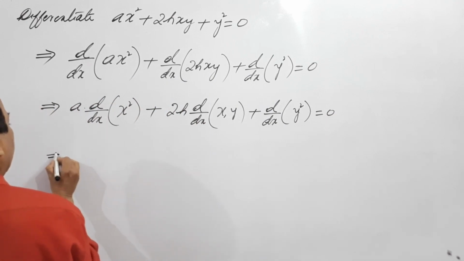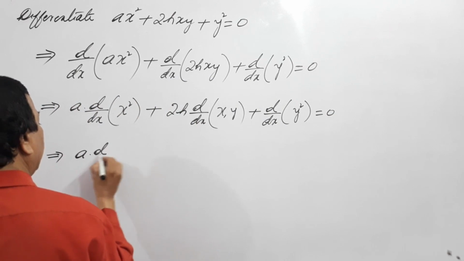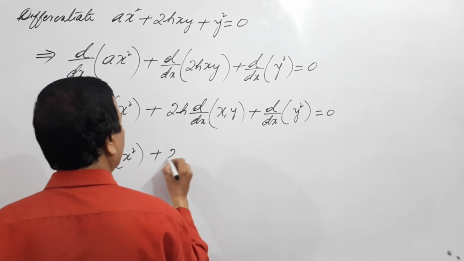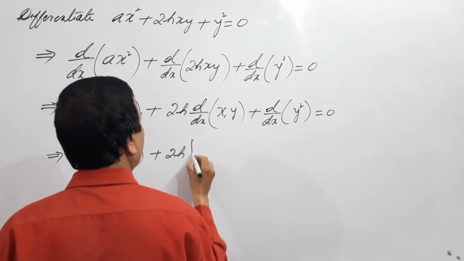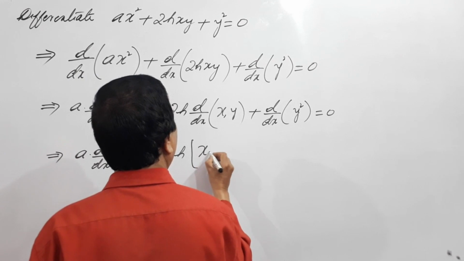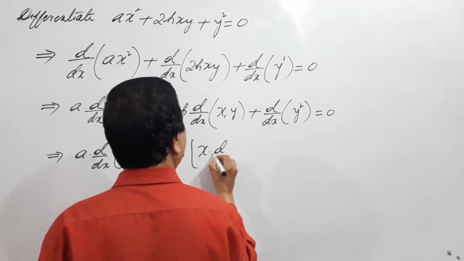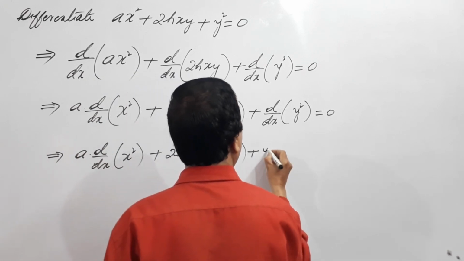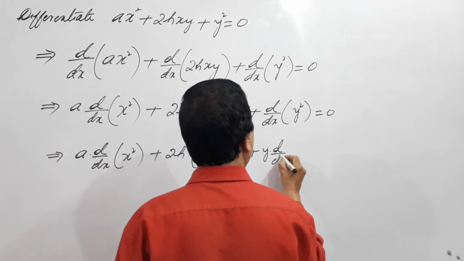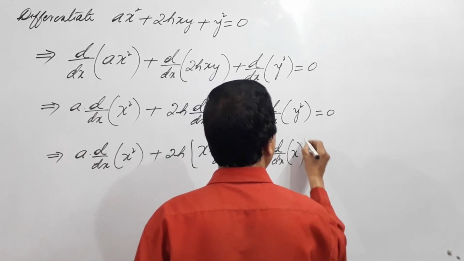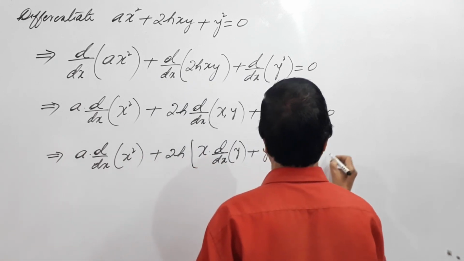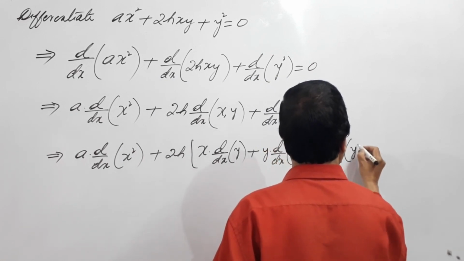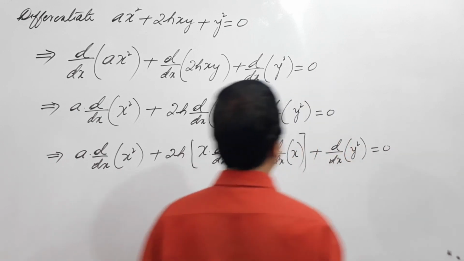So this is equals to a into d by dx of x square plus 2h, x into d by dx of y plus y into d by dx of x, plus d by dx of y square equals to 0.